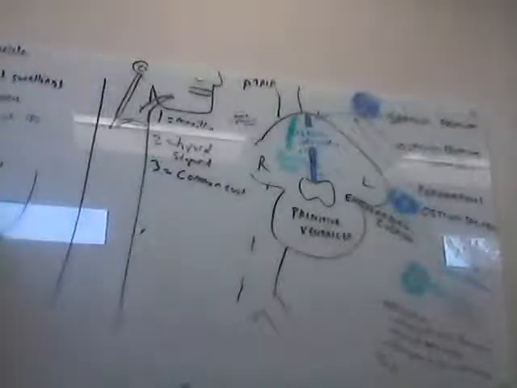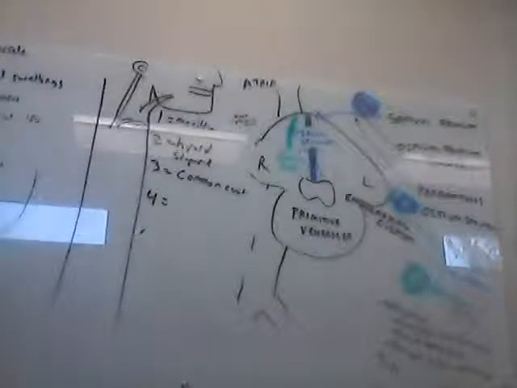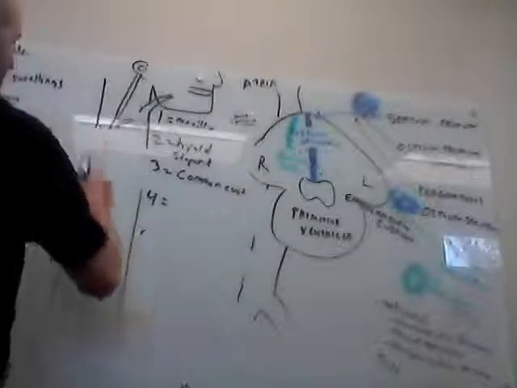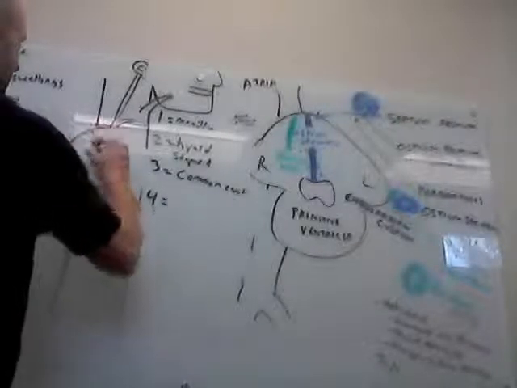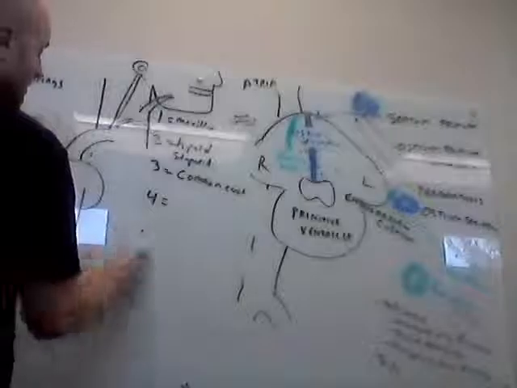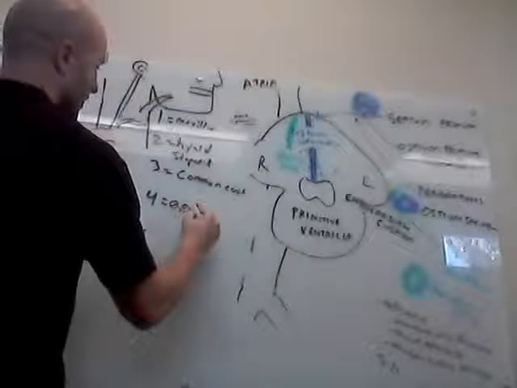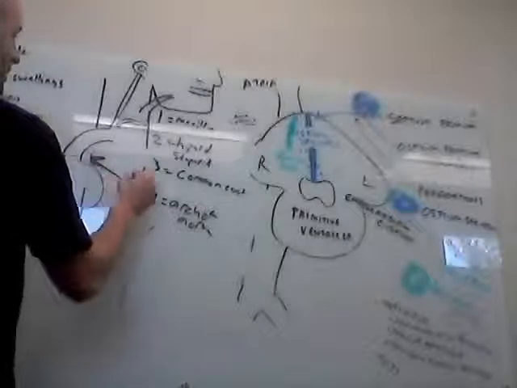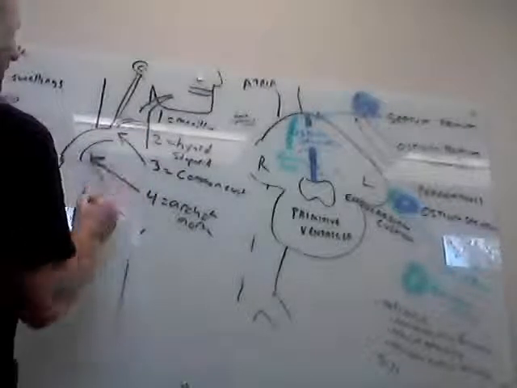Next, the fourth aortic arch is actually going to be the arch of the aorta. So this part here, the fourth one, is going to develop into, coming off the heart, here's the heart, there's the arch of the aorta. So 4 is arch of aorta. Number 3 is the common carotid there.